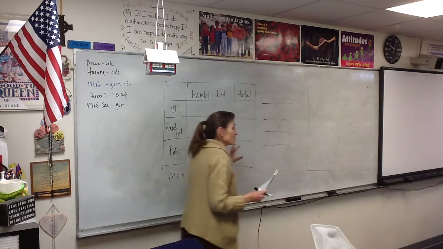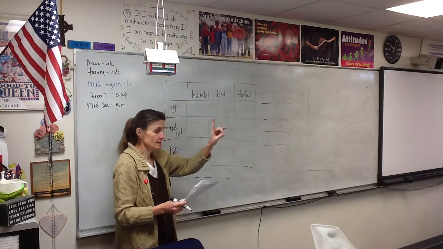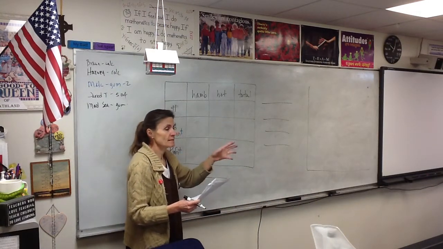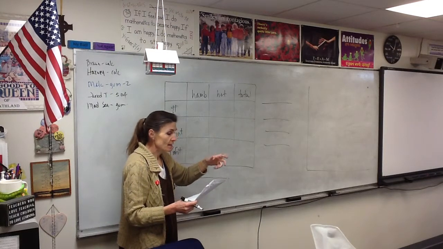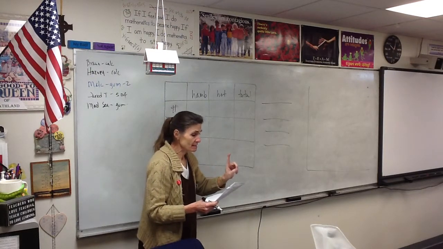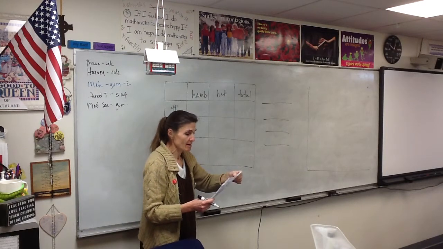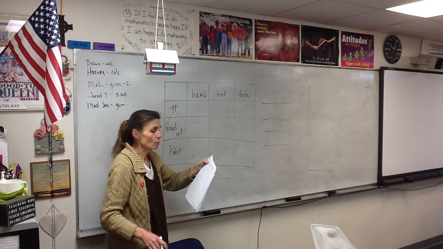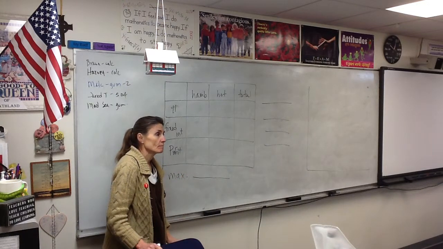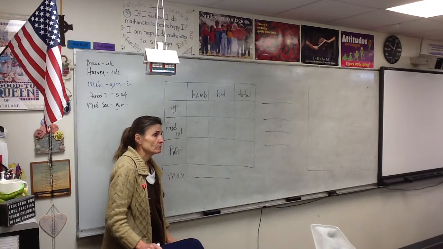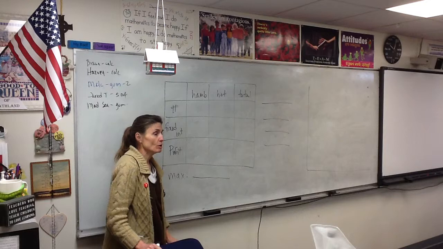Okay? So let's read the problem, one sentence at a time. Well, the first sentence is just kind of fluff. To stay in business, it must sell at least 10, but cannot cook more than 40. What does that tell you? That's a fixed interval.